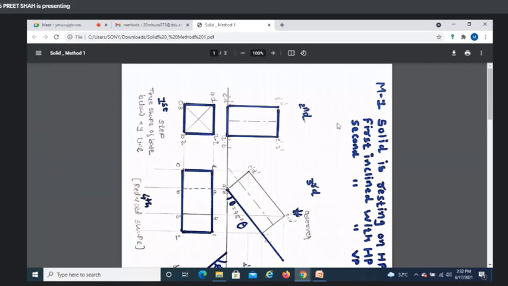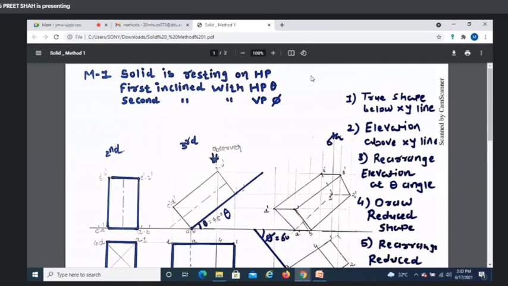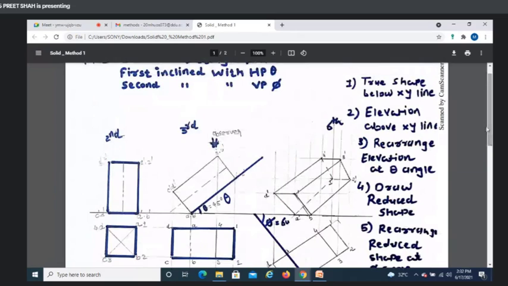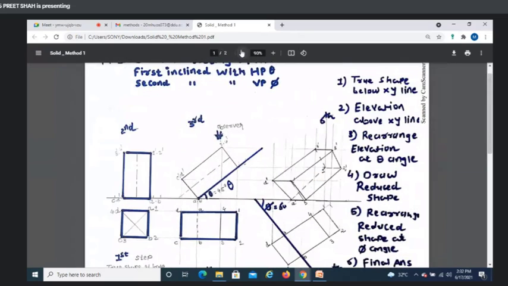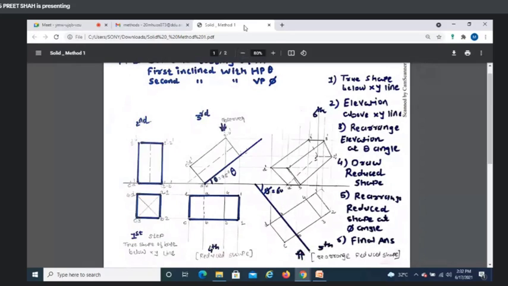Okay, so please rotate it. Could you slide it more?